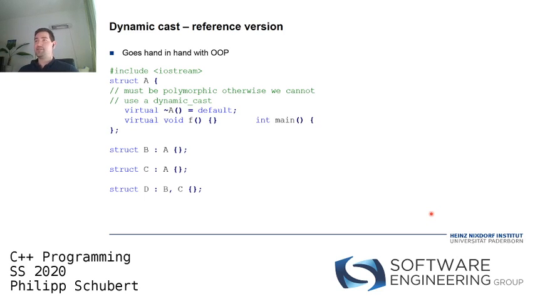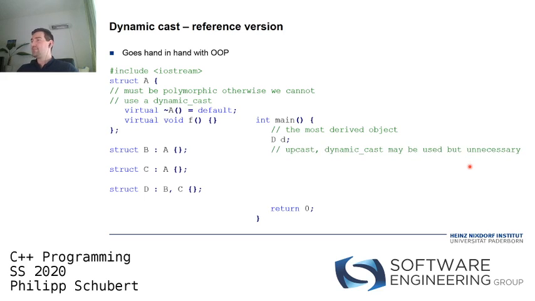And then let's have some uses. First of all, we can just allocate a variable onto the stack. Let's have a variable d of type uppercase D. This is, of course, the most derived object in the current type hierarchy shown on the left-hand side. And we can now basically do an upcast.